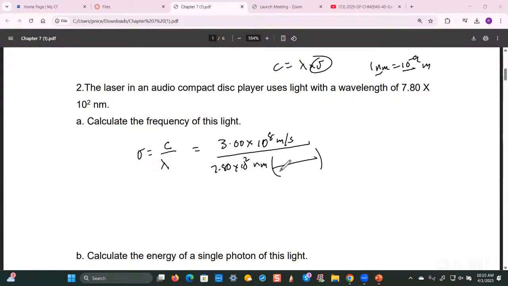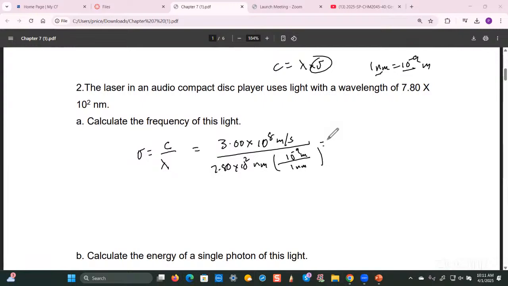So in this particular case, I'm going to put 1 nanometer below and 10 to the minus 9 meters above.